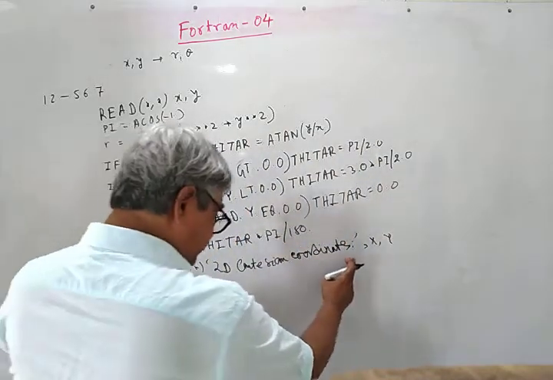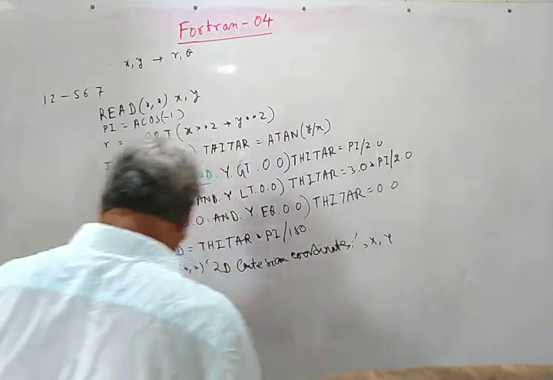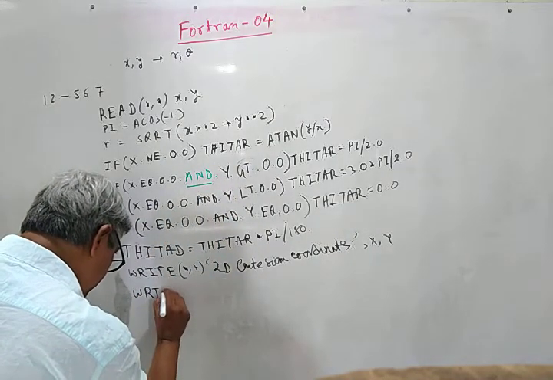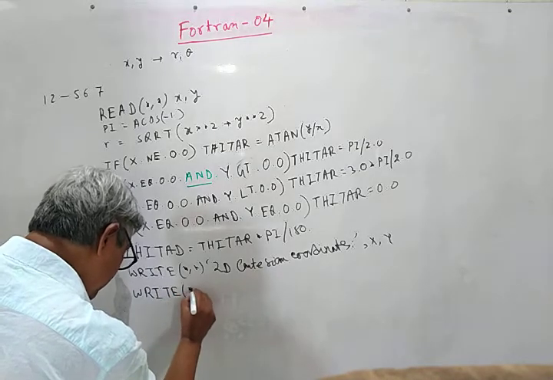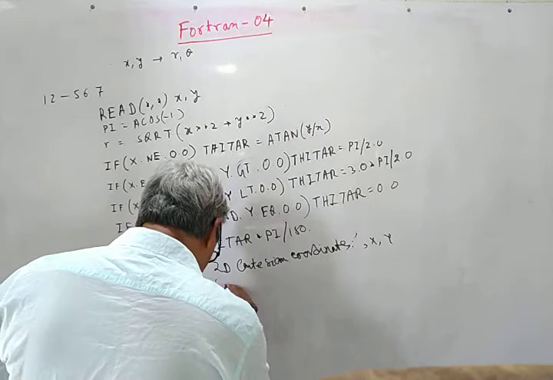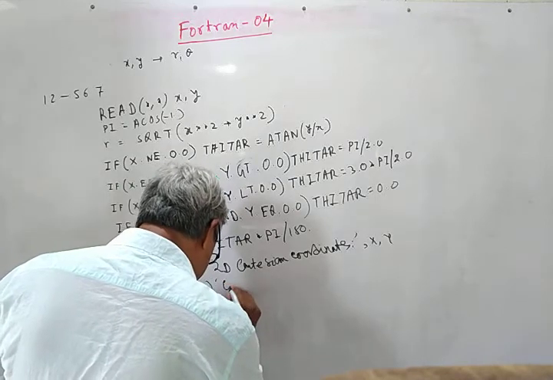It will write this thing in total, then the values of x, and then we write two polar coordinates.